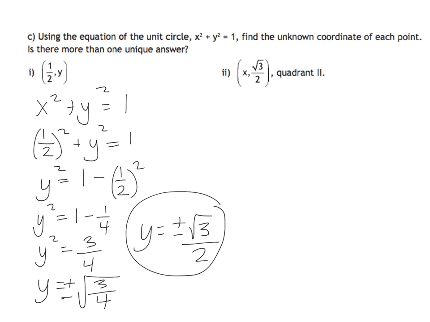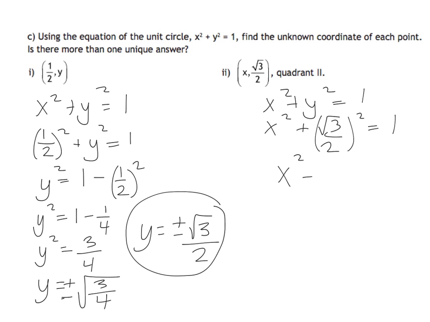So for the other one, same thing, except it gives you the y value. So we're going to do x squared plus √3/2 squared equals 1. 1 minus √3/2 squared. √3/2 squared is 3/4.